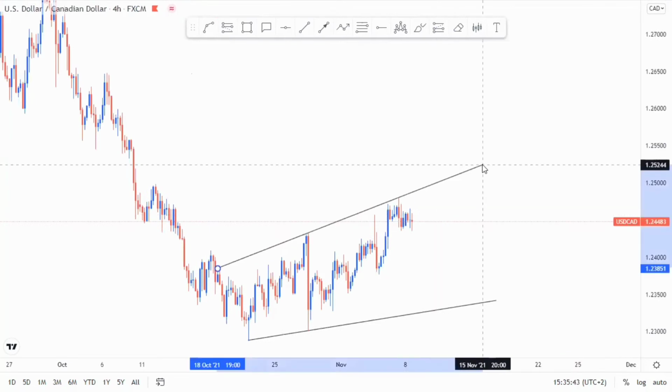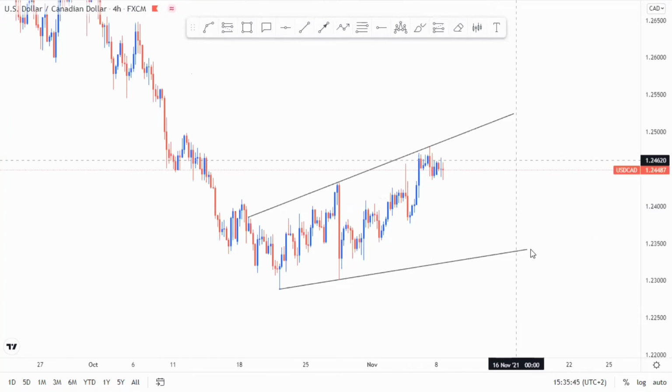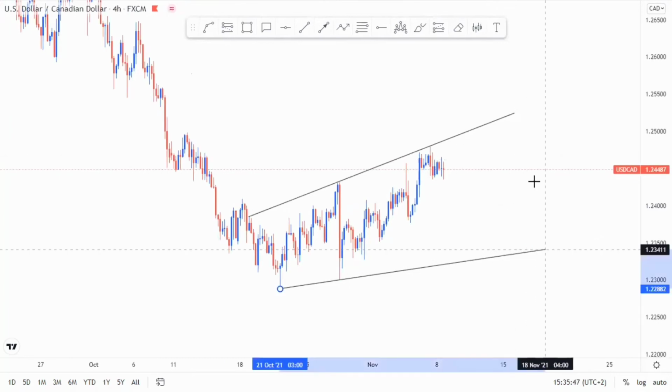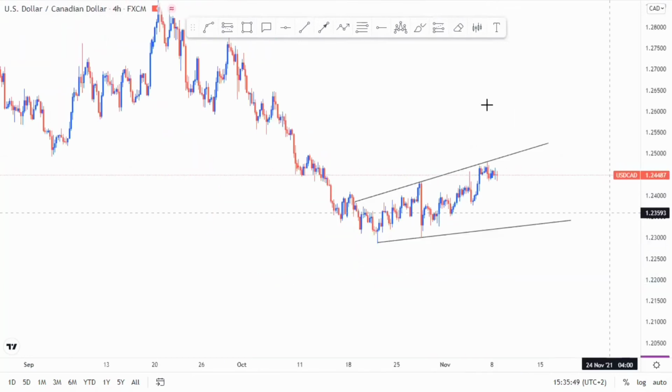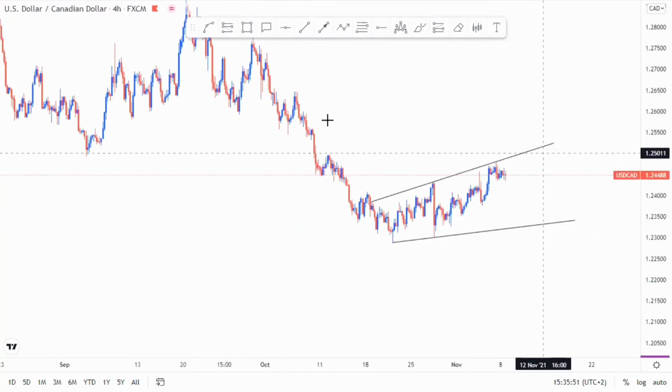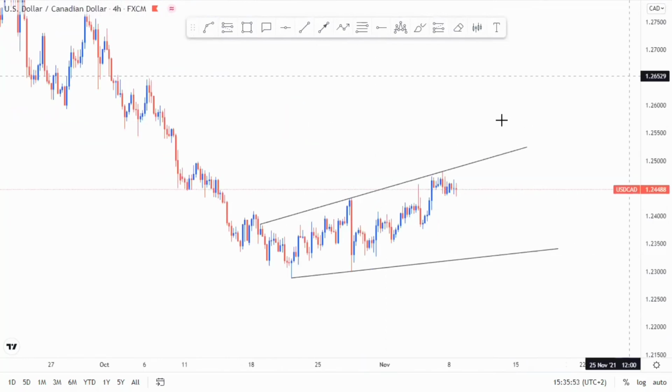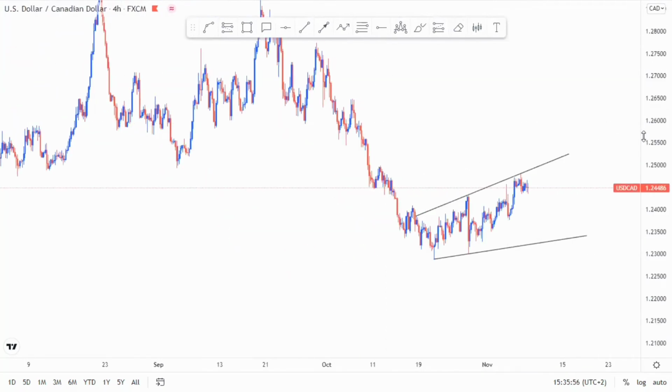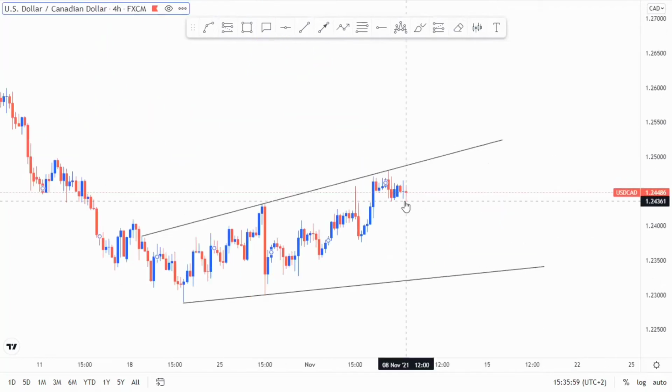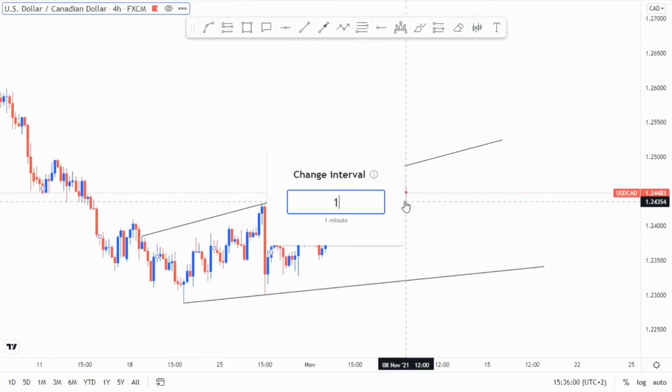Then I see, okay, perfect touches. It's a pattern. Sometimes you don't have to force things, but you have to adjust your trend lines to fit it as best it fits. So now let me go to the 1 hour time frame.